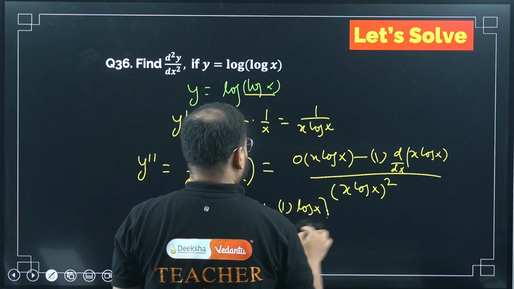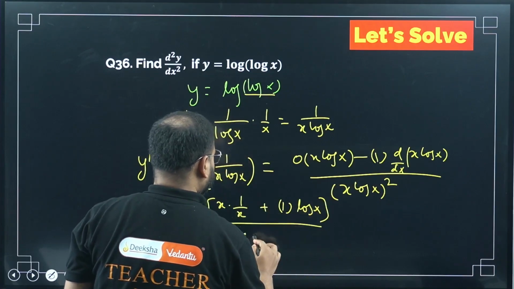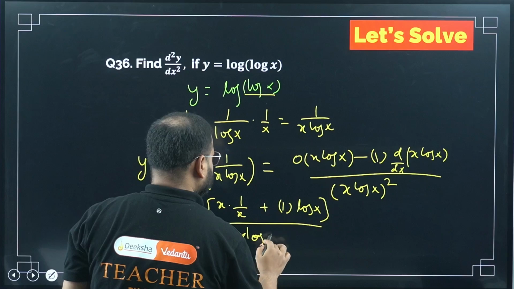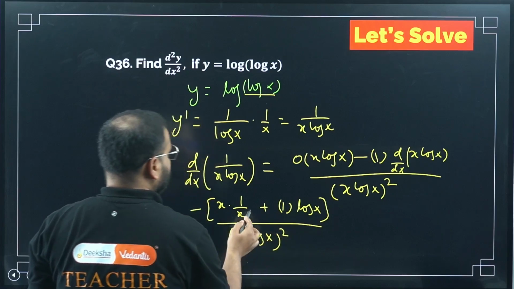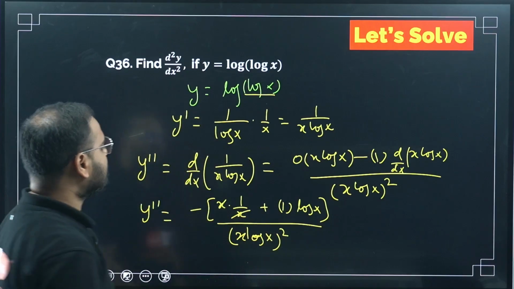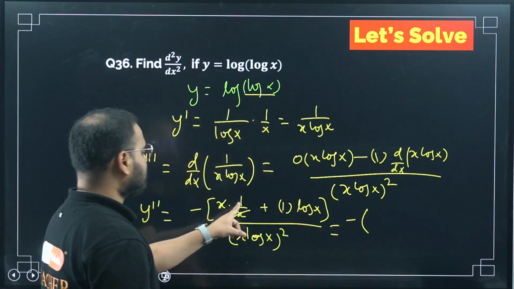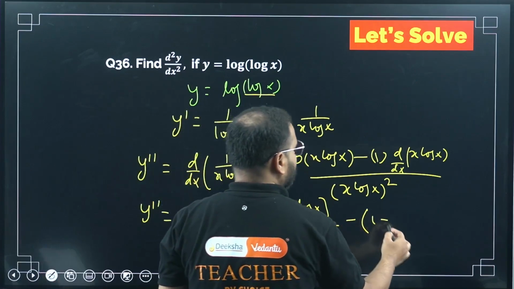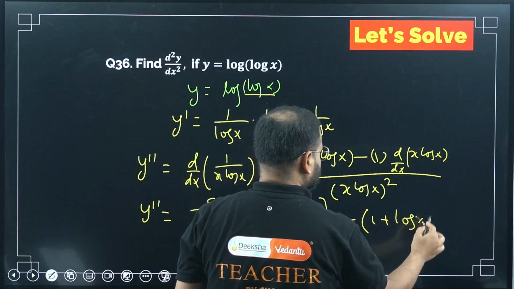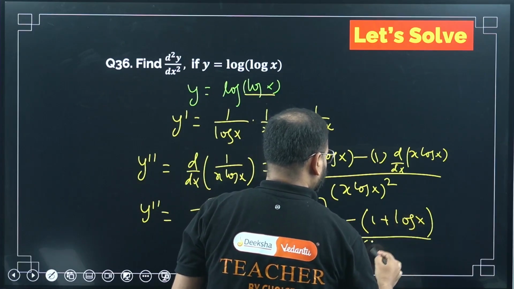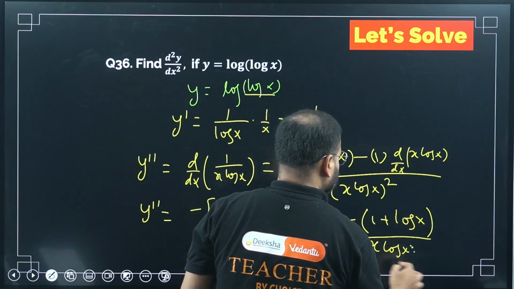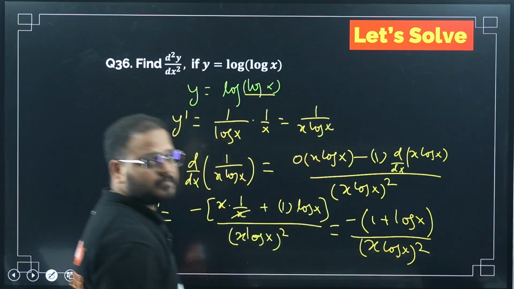My final answer will be this only, over x log x the whole square. So see here, this and this go out. What is my final answer? Minus sign outside. This will become 1 plus log x, upon x log x the whole square. Please check.